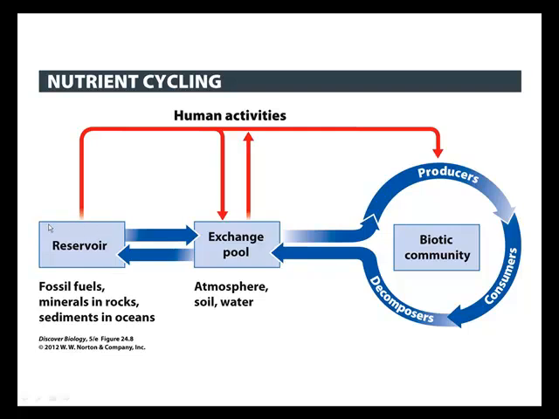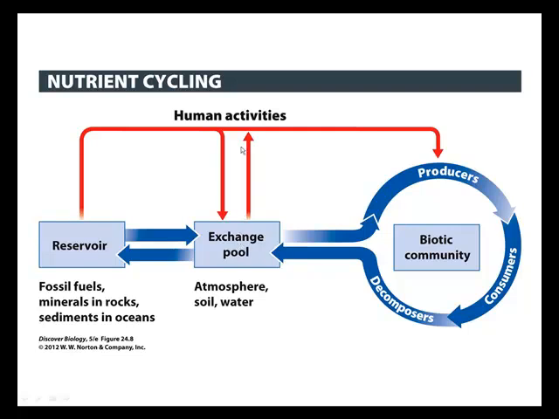So this box over here means that the biotic community does not have access to it at all. And so for carbon, something like a fossil fuel is a great example of an inaccessible reservoir for carbon. So that carbon can actually be combusted in cars and put into the atmosphere.